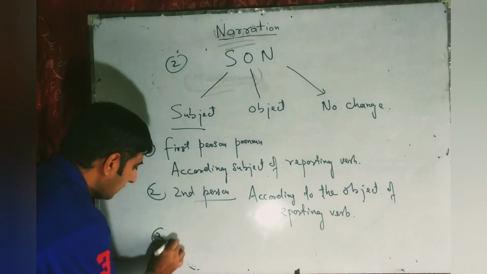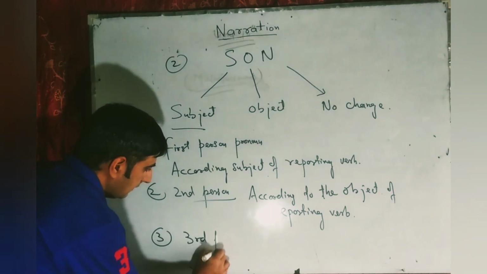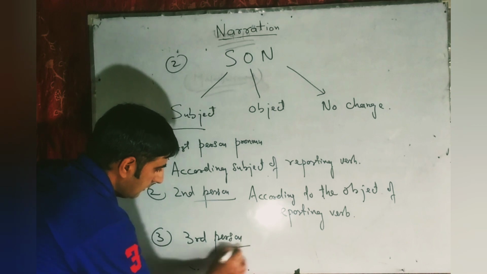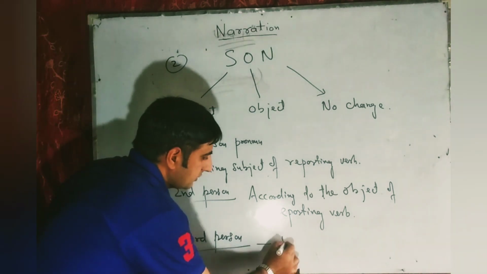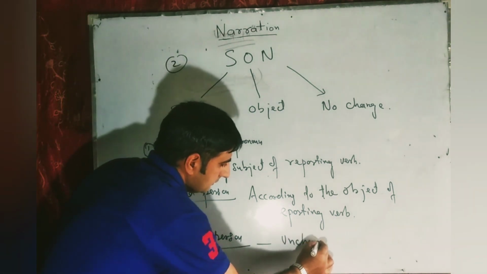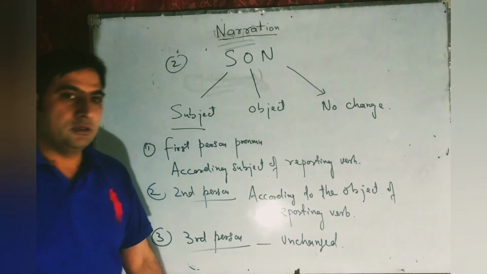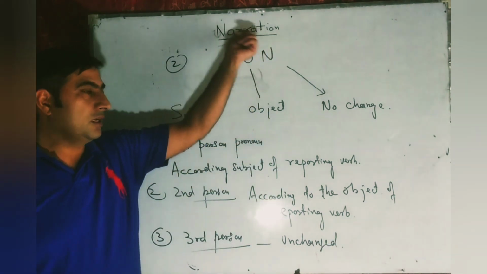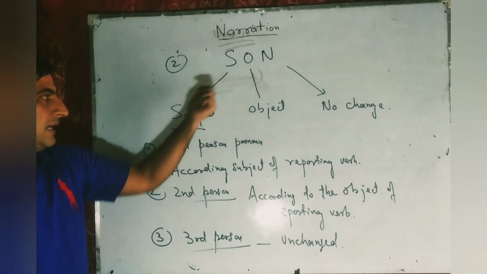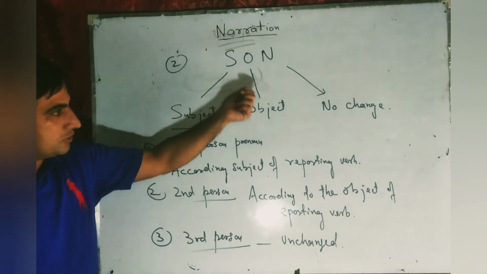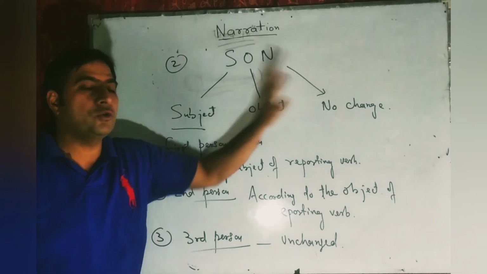And third is the third person, which is unchanged. Now we understand the meaning of this SON. S is for subject, O is for object, and N is no change.